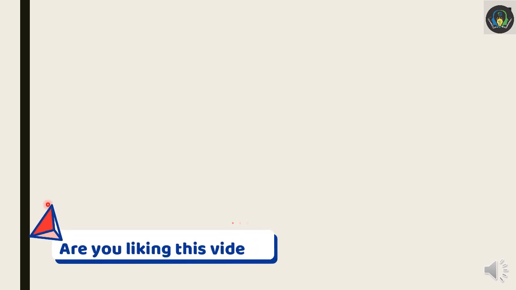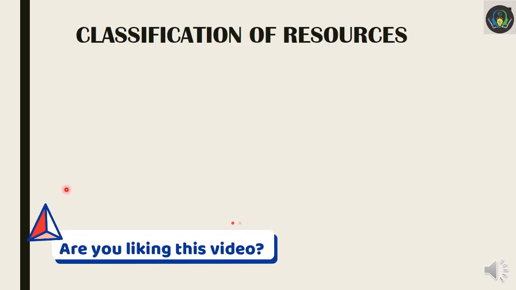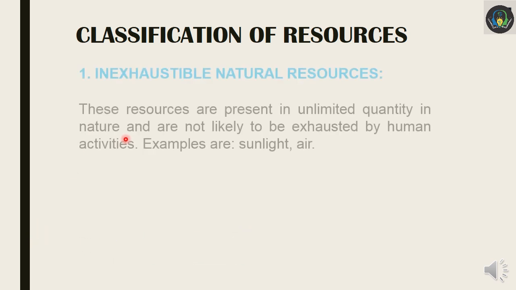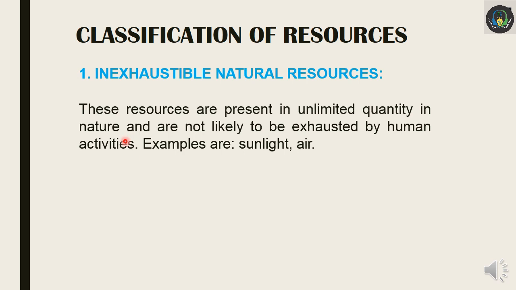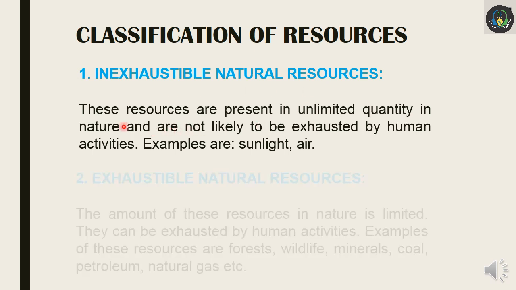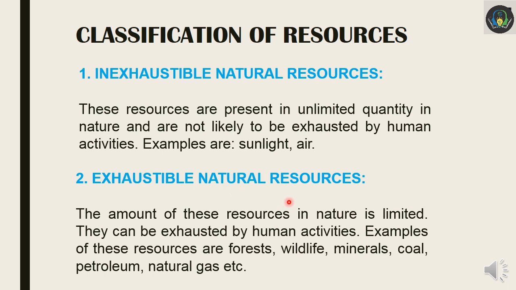So after revising all the things, we will now begin with our next segment, that will be the classification of resources. All the resources are divided into two types. One is inexhaustible natural resource and the other one is exhaustible natural resource.